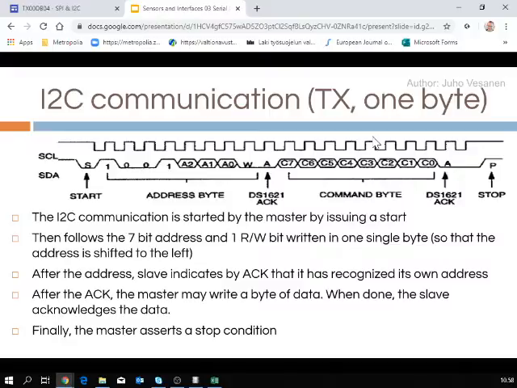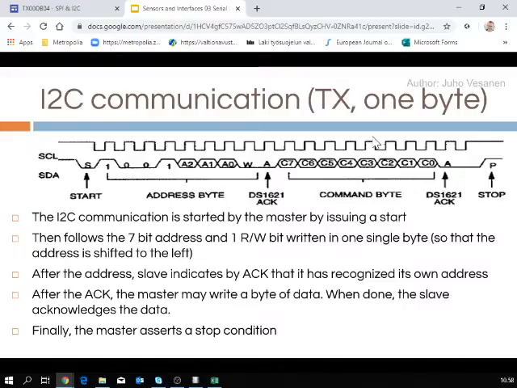Then it's followed by the address byte, 7-bit address, and ending with whether this is read or write.